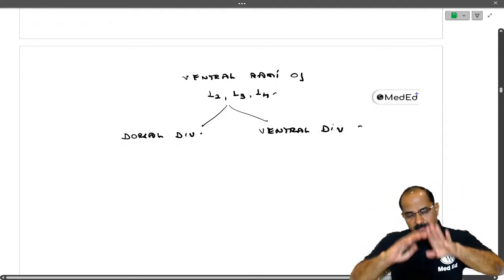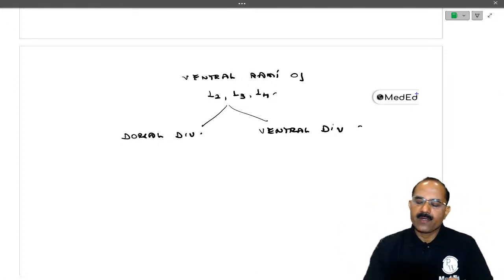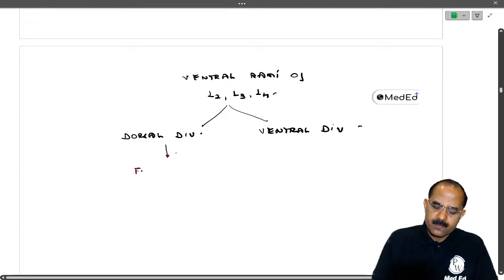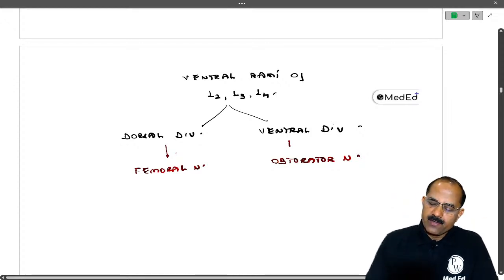So the dorsal division forms femoral nerve, and the ventral division forms obturator nerve. ठीक है बच्चों, easy. So ventral is also known as what?